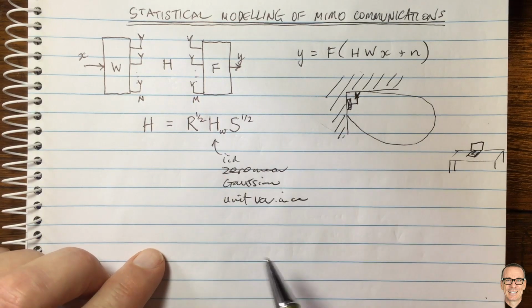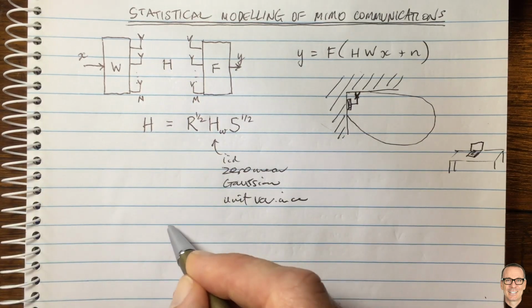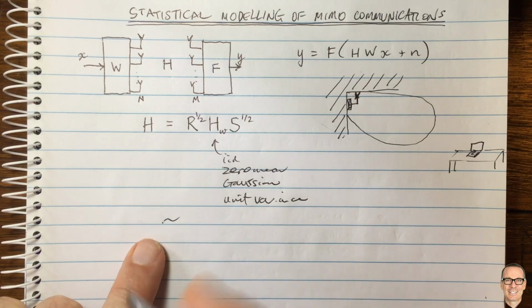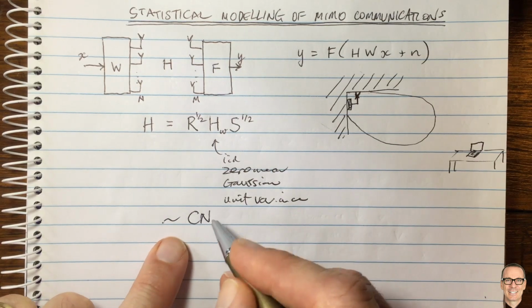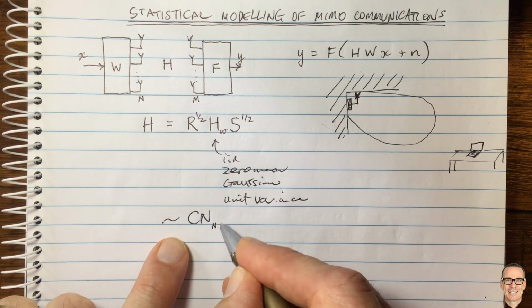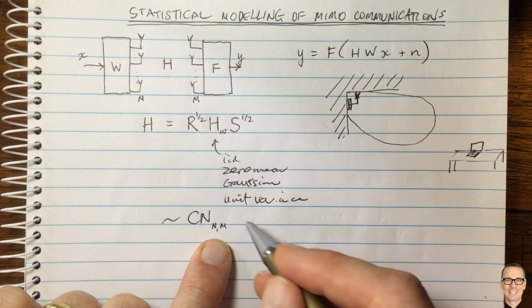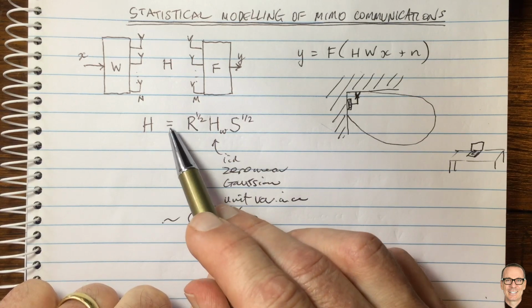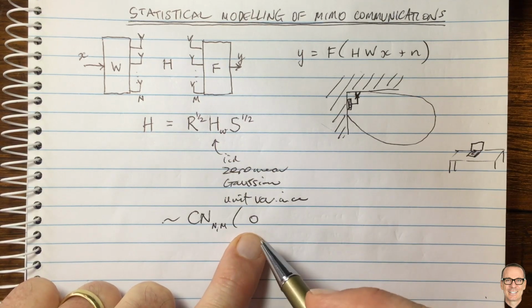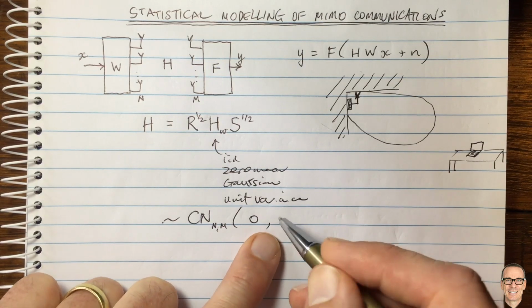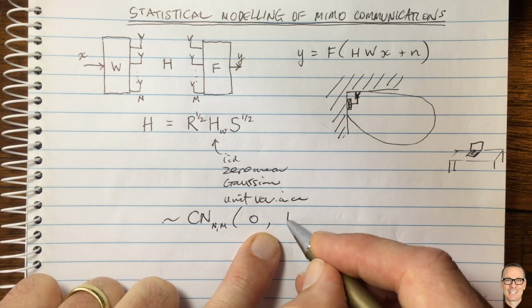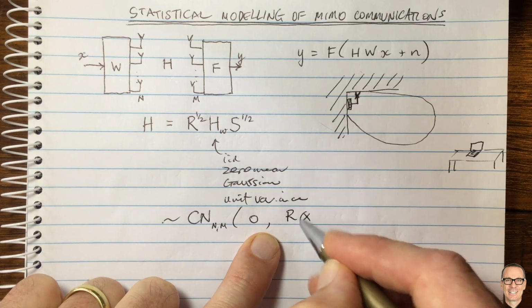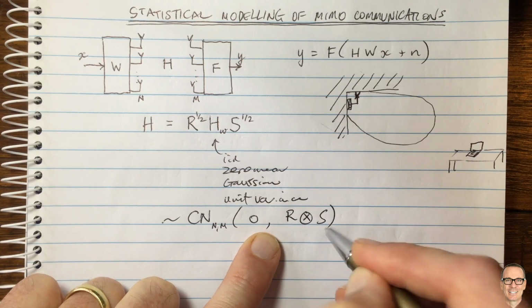And the overall effect of this is to give us a channel matrix which is complex normal, of size n and m, with a number of transmit and number of receive, which in this case is zero mean, although you could add in another matrix, a mean matrix, if there are some dominant paths for Rician, but just for the Rayleigh case, where the correlation matrix is R Kronecker producted with S.